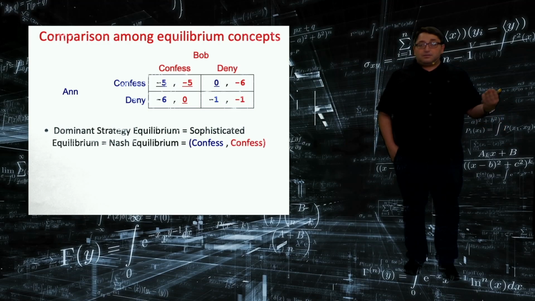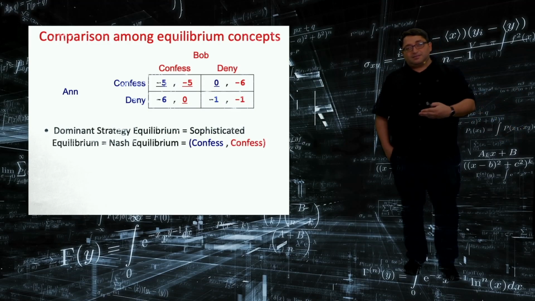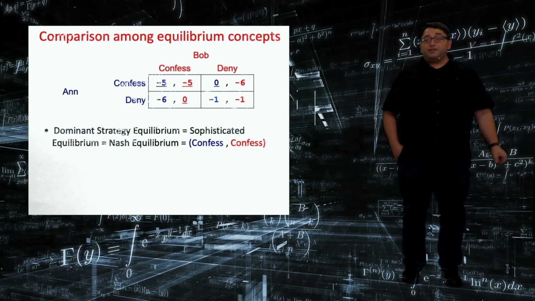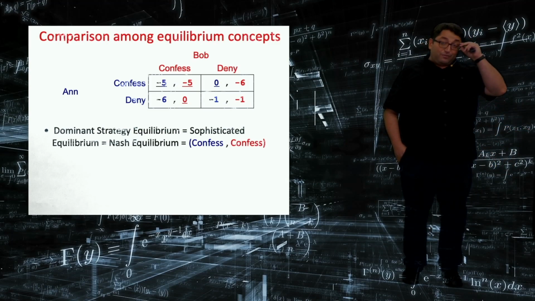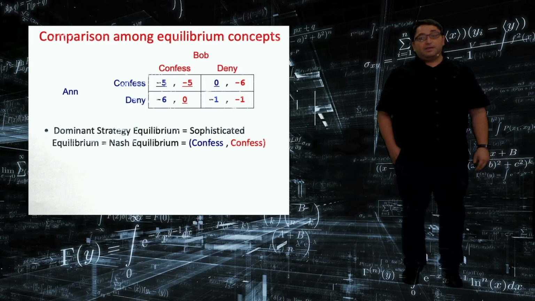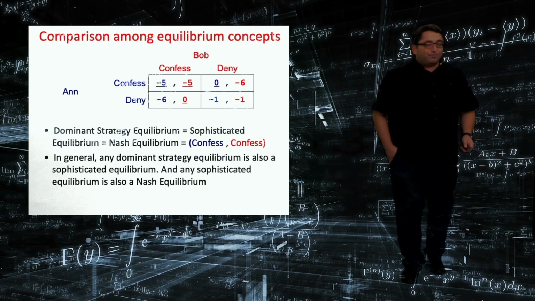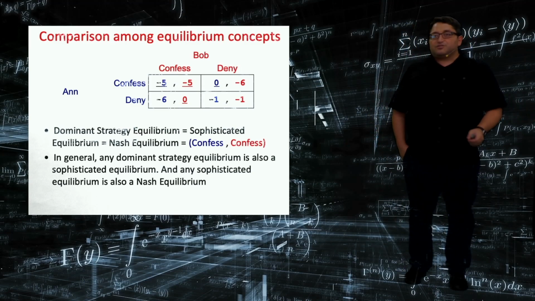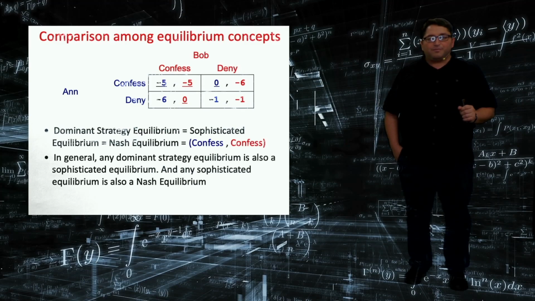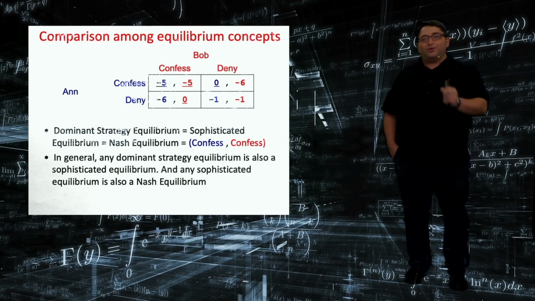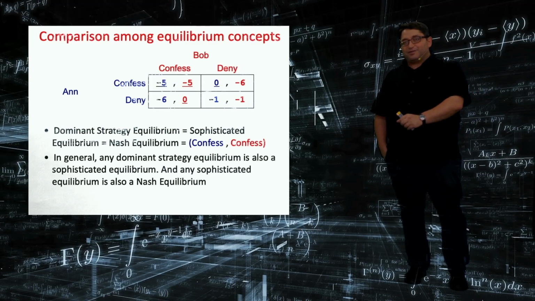Confess is dominant and deny is dominated. If I eliminate deny for both players, I end up with confess and confess. So sophisticated equilibrium gives me the same outcome. There is a very important property, which is quite straightforward: if a game has a dominant strategy equilibrium, then that equilibrium outcome is also a sophisticated equilibrium outcome.